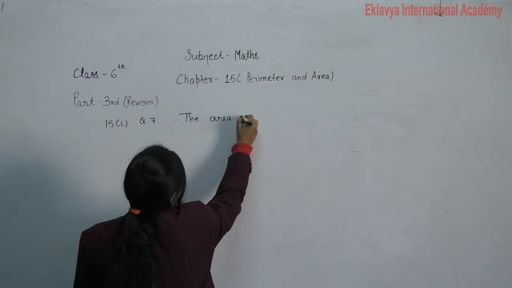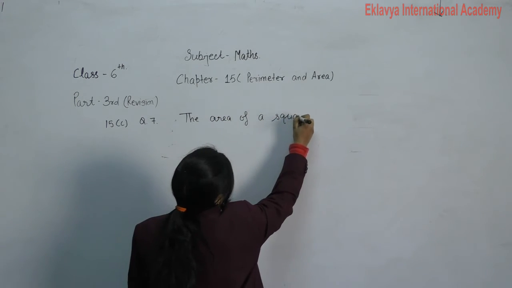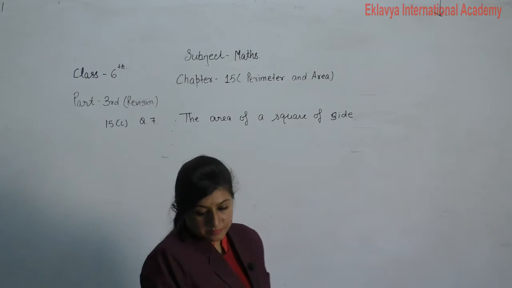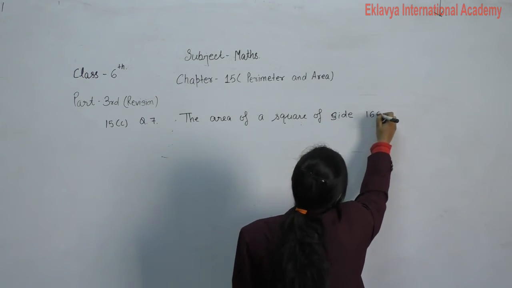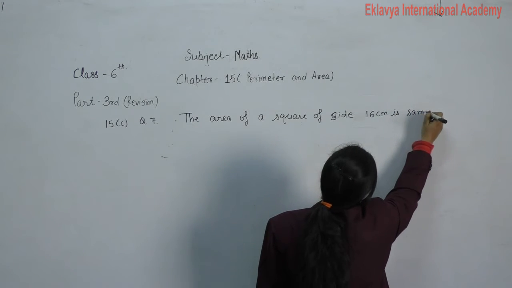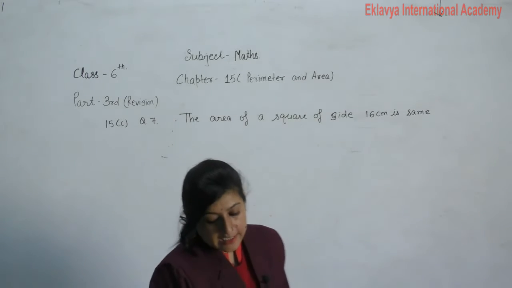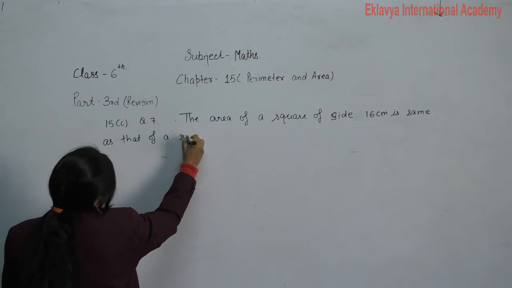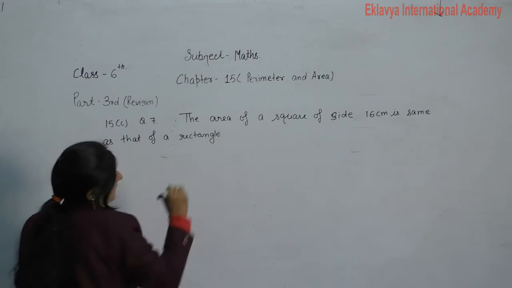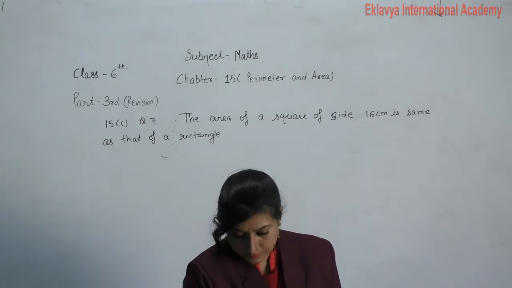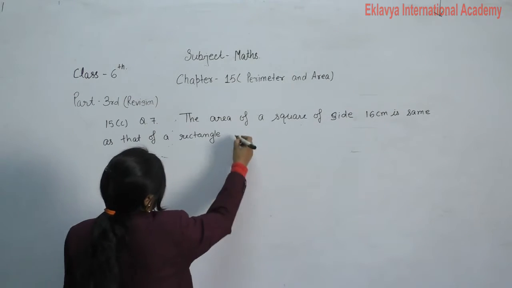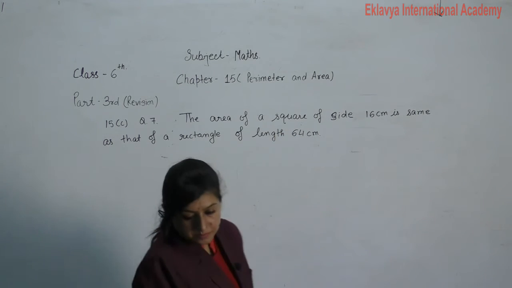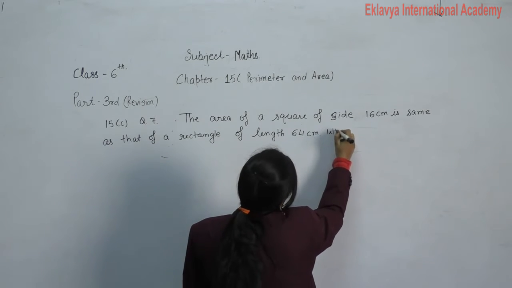The area of a square of side 16 centimeter is the same as that of a rectangle of length 64 centimeter. What is the breadth of the rectangle?